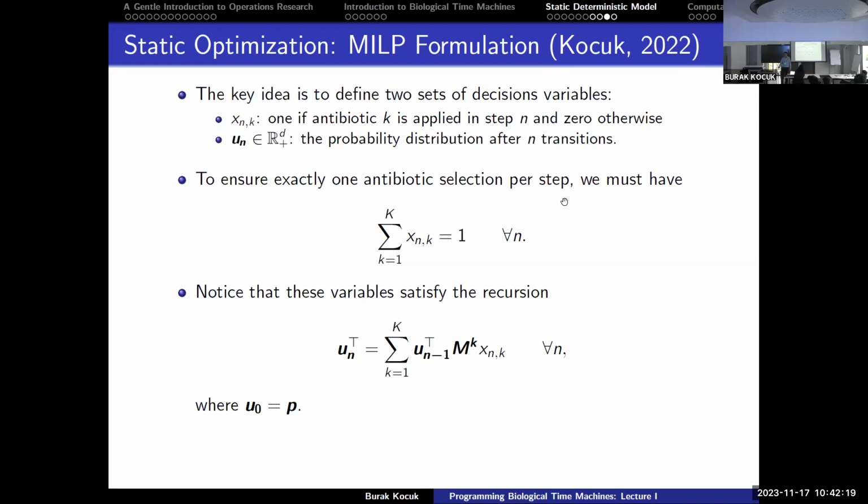That's the decision, so that's why I'm multiplying that with x_nk. Now let's think what happens if x_nk is 1. This means that I multiply the previous distribution with the kth matrix. And for all the other x's, which are 0, they are taken out of this summation. So the summation, in fact, is not a summation. It's just one of them; you're choosing exactly one of them. I can write this in a different way.